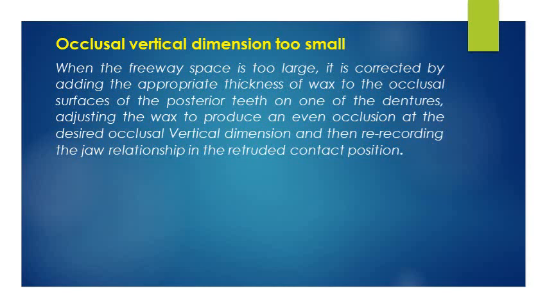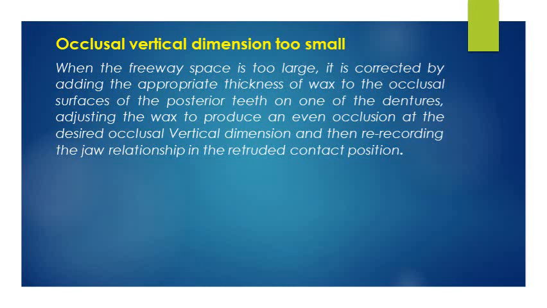Occlusal vertical dimension. In case the occlusal vertical dimension is too small, there is a wide separation between the upper and lower arch. As we know, the freeway space is the rest vertical dimension minus the occlusal vertical dimension.